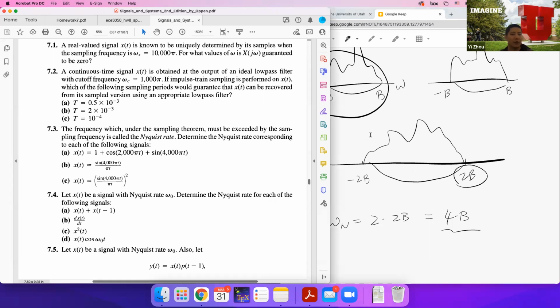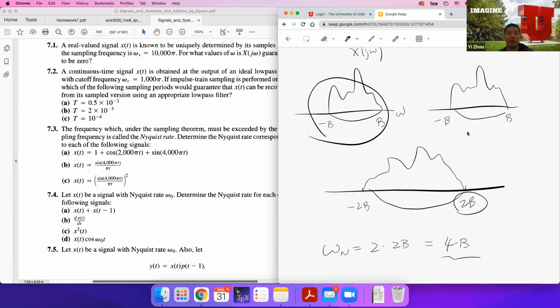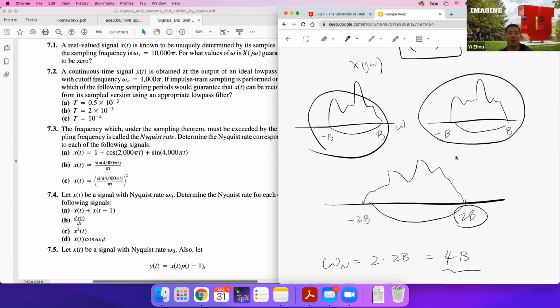That corresponds to taking this spectrum and convolving it with another spectrum of the original signal.